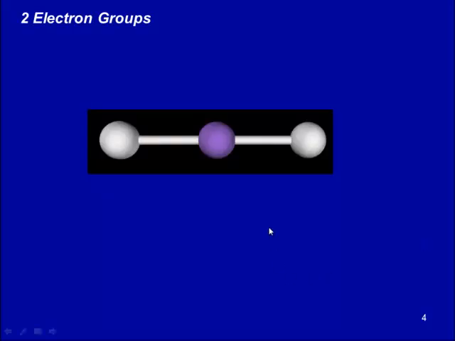If you have two electron groups, and both of them are connected with atoms, and this is cut and pasted from the University of Colorado simulation for the VSEPR series. As you can see, if two surrounding atoms are connected with the central atom, you have two electron groups, and the molecular geometry will be linear.